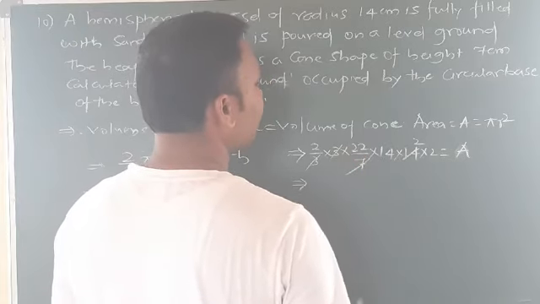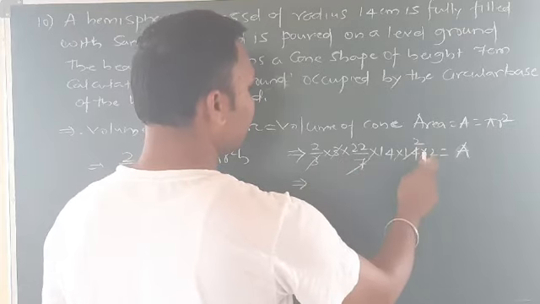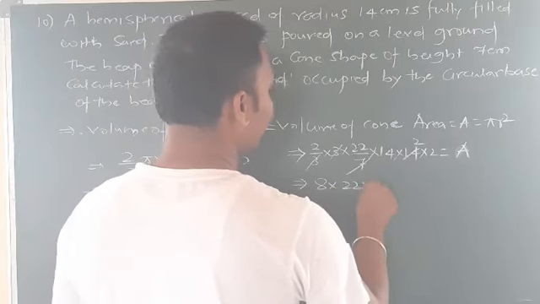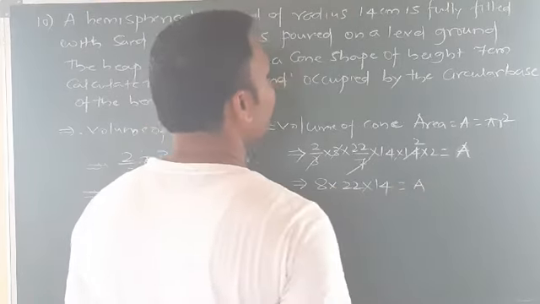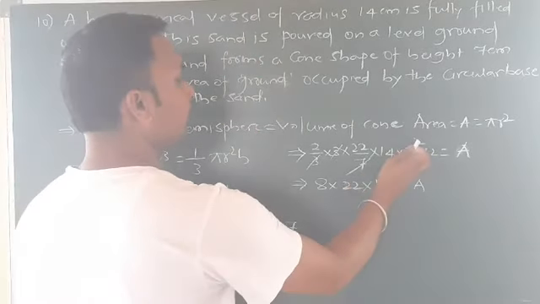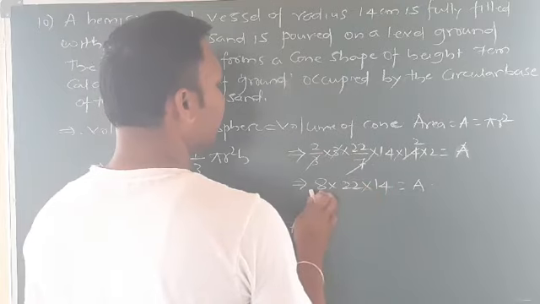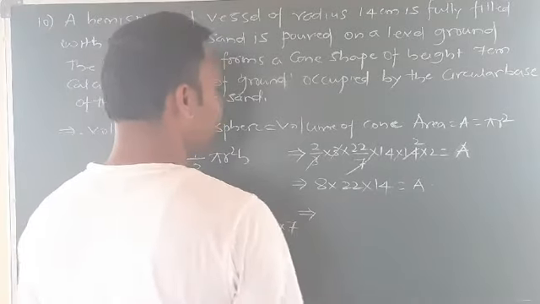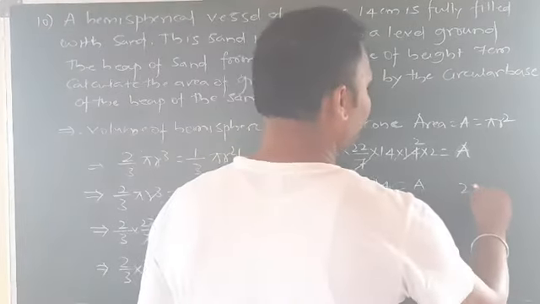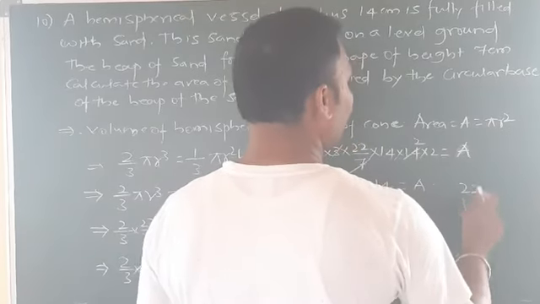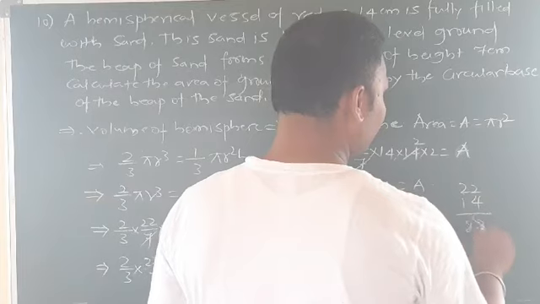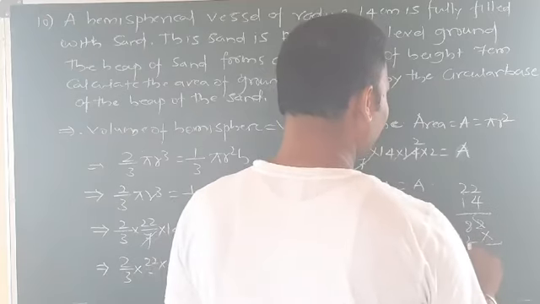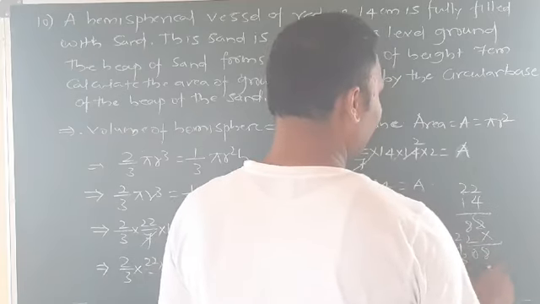So now we multiply this: 2 into 2 is 4, 4 into 2 is 8, so this is 8 into 22 into 14 is equal to A. Now 22 and 14 we first multiply. 4 into 2 is 8, 2 twos, 1 into 2 is 2, so this is 308.